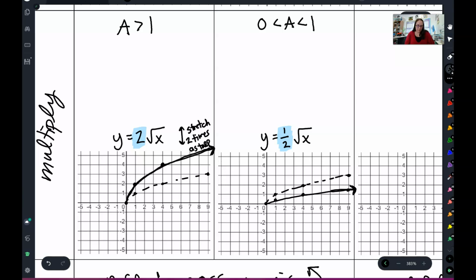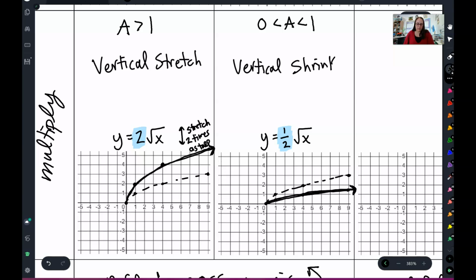So notice it made that whole graph half as tall. So that's your outside. We call this a vertical stretch because it's stretching the graph up and down vertically. We call this a vertical shrink because it is shrinking the graph down vertically.